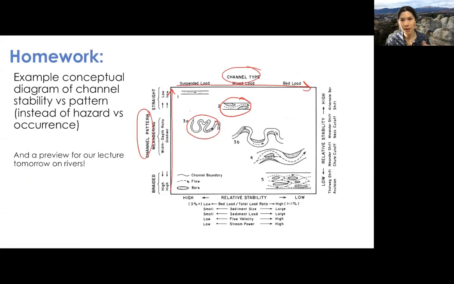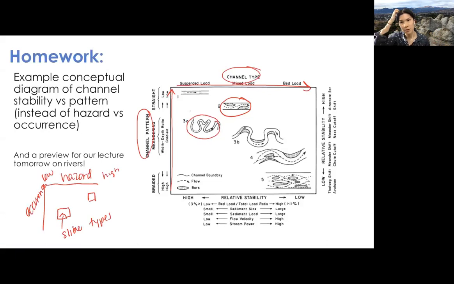So for example, if you wanted to apply this to the hill slopes you'll be thinking about, you could have hazard and occurrence from low to high, and then at the kind of intersection of the correct hazard and occurrences, you would have the different slide types. And so their space within this diagram would tell you what the relative risk of each of these slide types are. So this is just one example of the conceptual diagram you could do, but you're free to use any design that you want to do.